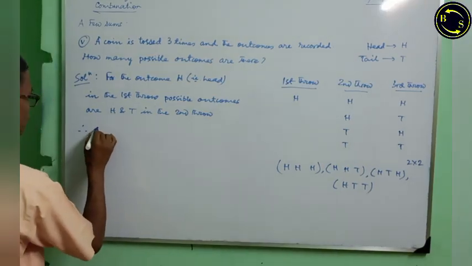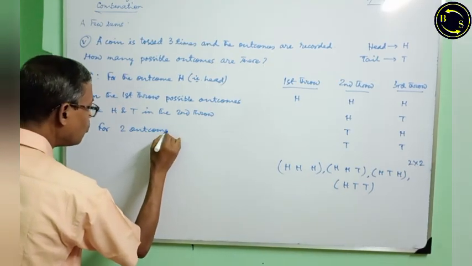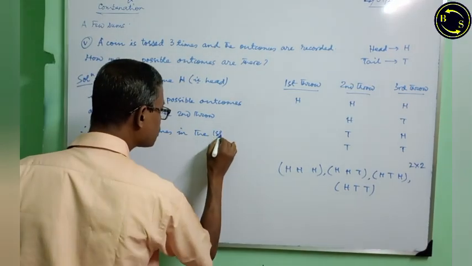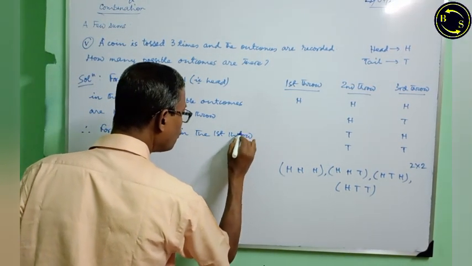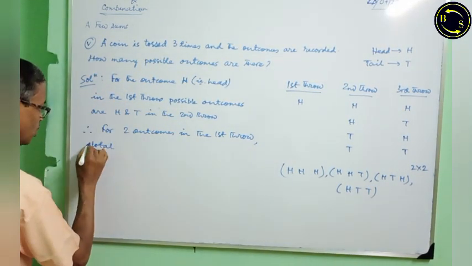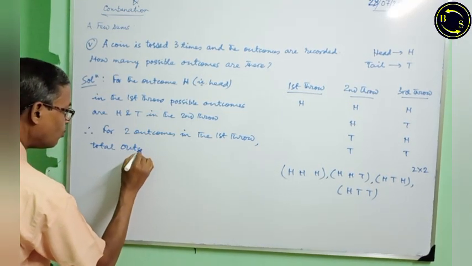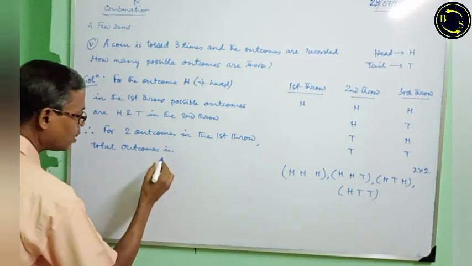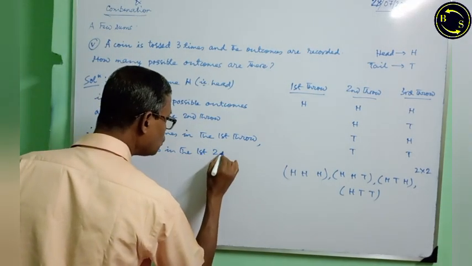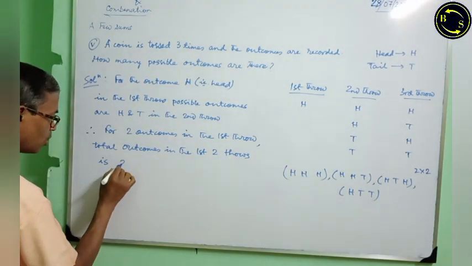Therefore, for two outcomes in the first row, total outcomes in the first two rows is 2 into 2.